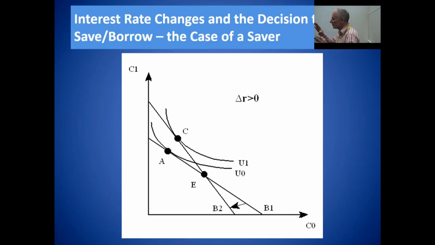However, and this is important, later on we're going to look at income and substitution effects. The text, Morgan, Katz and Rosen, doesn't go through income and substitution effects. When you look at a reduction in the rate of interest, it isn't just the opposite. So I'm only going to do an increase in the rate of interest, and in your exam, I would not do the case of a saver when the rate of interest falls.